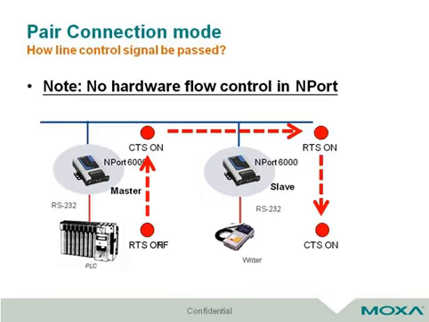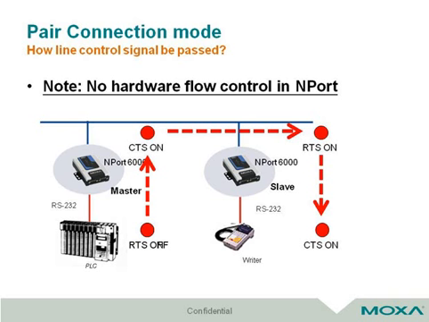On the last page, we learned line control signals can be transparent under pair connection. But how to transmit line control signals? Let's move to the sketch map, which is shown on the screen. Let's start from PLC RTS on. Then, the left NPort CTS will be on.